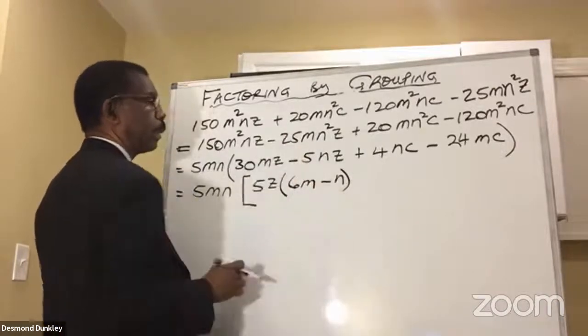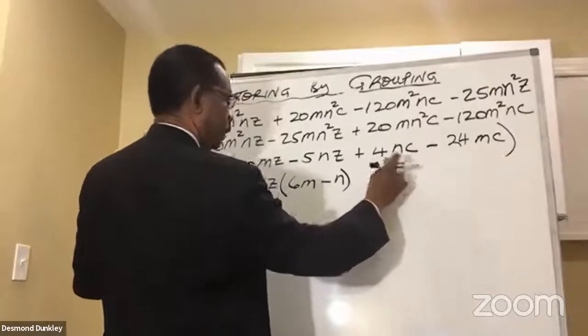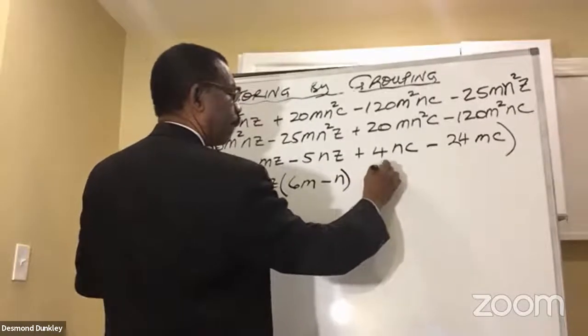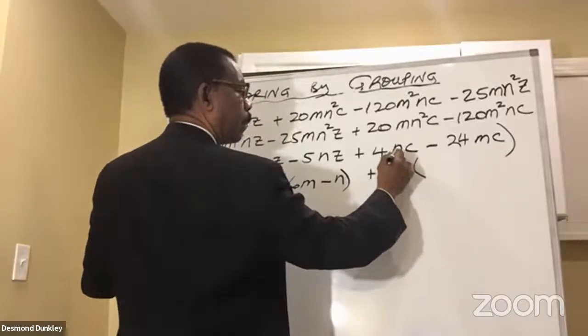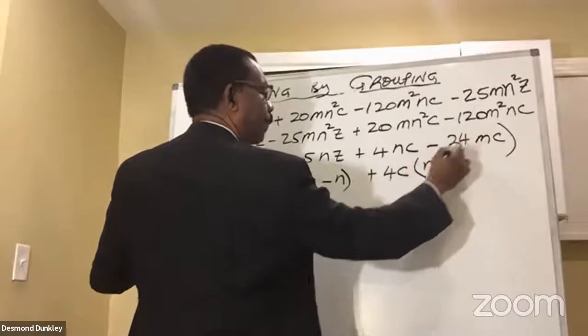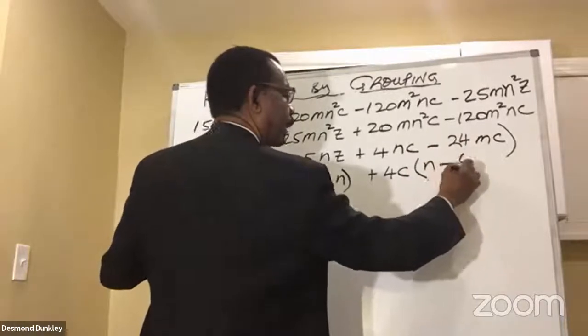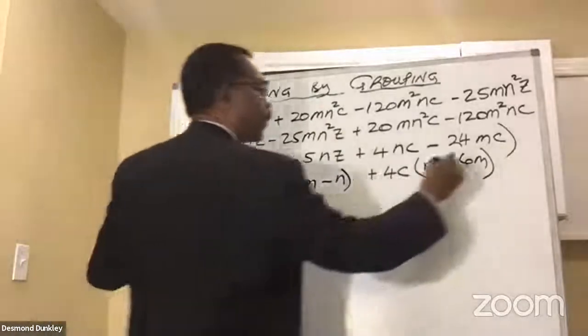There it is. Come over here. What is common? I see 4c. So let's go plus 4c times. When I factor out a 4c, I'm left with n. When I factor out a 4c, I get minus 6n. I'm going to put our square bracket to close.